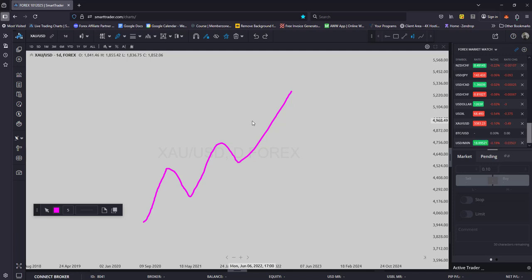So the Fibonacci tool just measures the pullback and gives us the projected extension. Think about it like this: think about you bouncing a ball, and if you have a level like this, and let's say you throw the ball, you bounce the ball, it would fall.